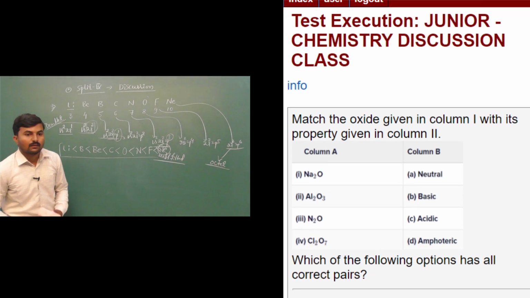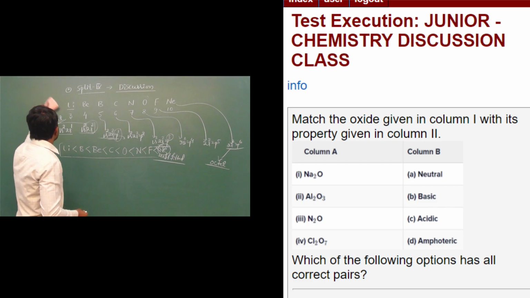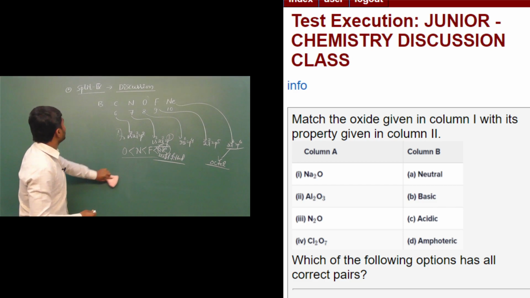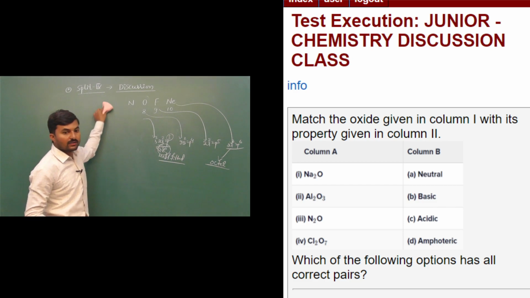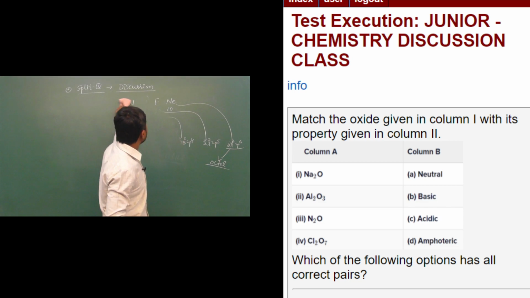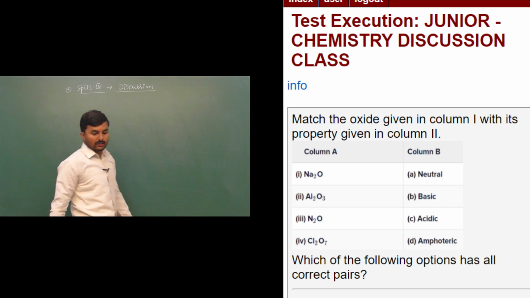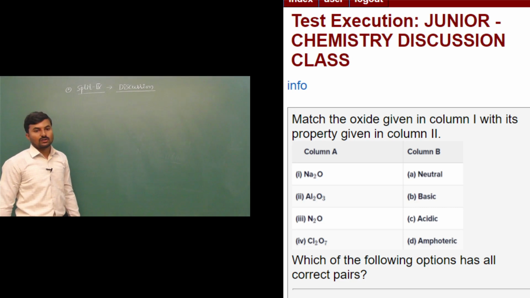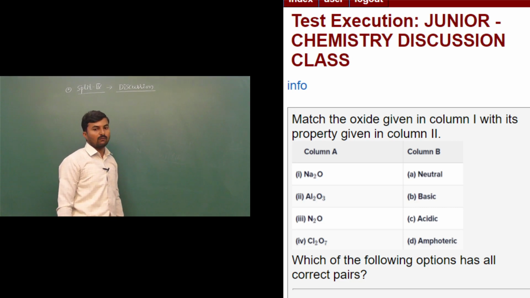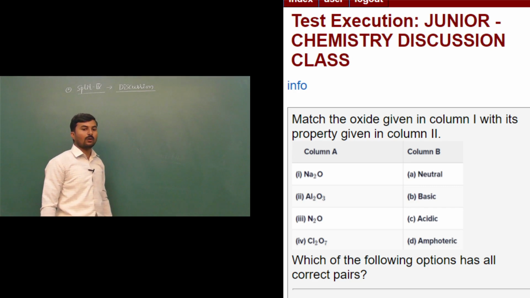So the next question is regarding the acidic nature, basic nature and the amphoteric nature of different oxides. The question is like this: match the oxide given in column 1 with its property given in column 2.